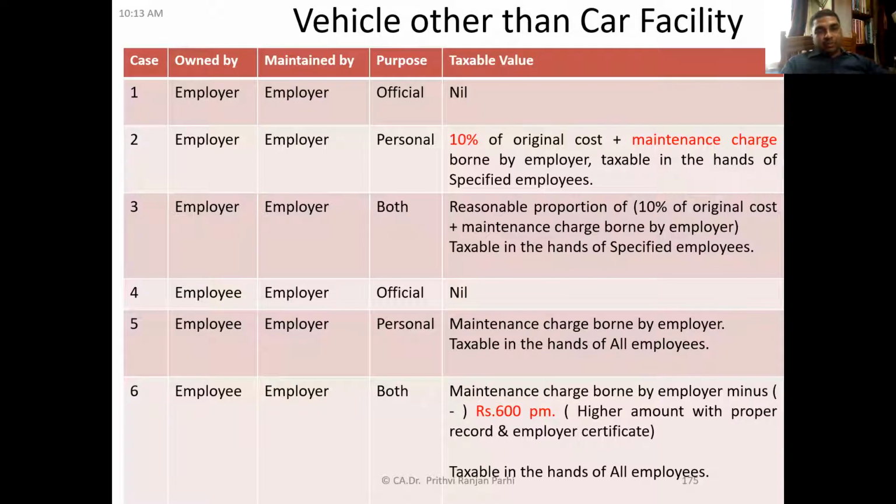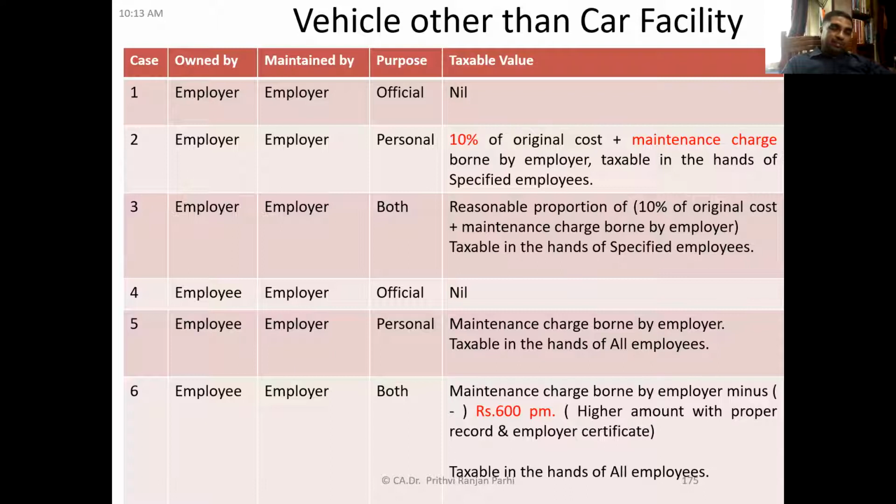Situation 4. Employee's vehicle, employer is maintaining, and it's for official purpose. Official purpose, so taxable value is nil. Situation 5. Employee's vehicle, maintained by employer and for personal purpose. Since it is personal purpose and maintained by the employer, the maintenance charges borne by the employer are taxable in the hands of all employees.